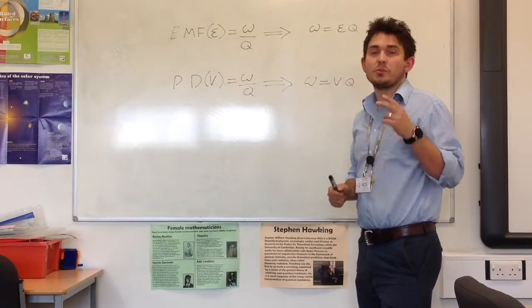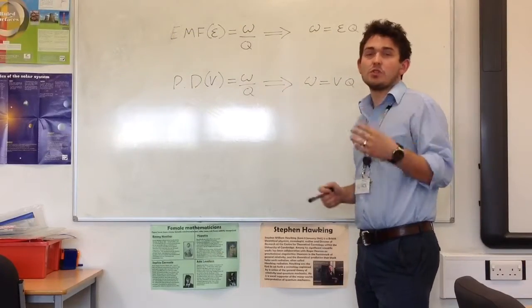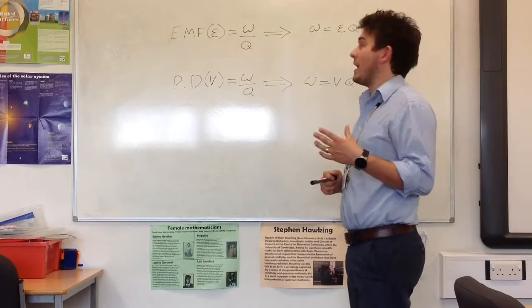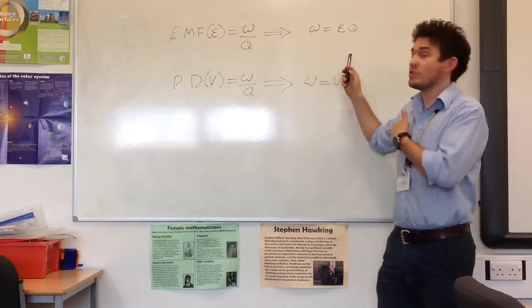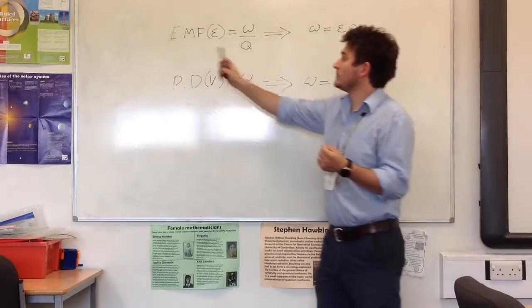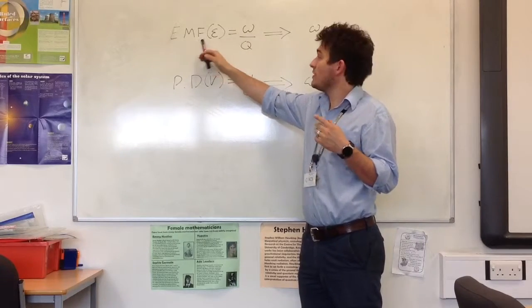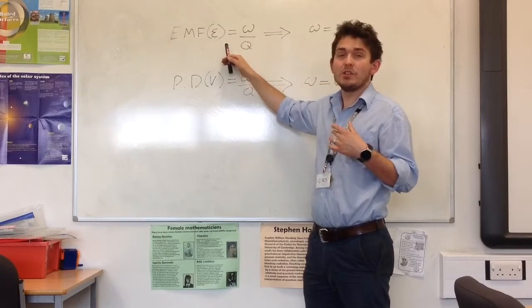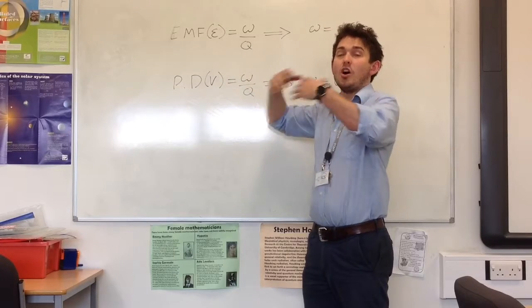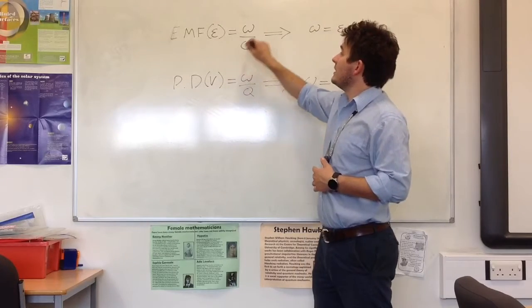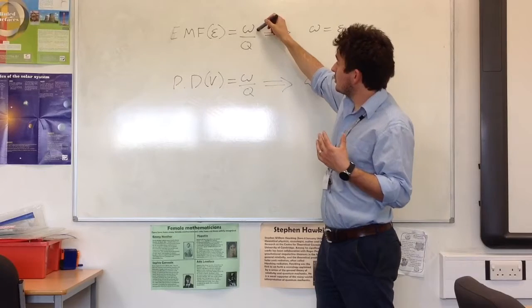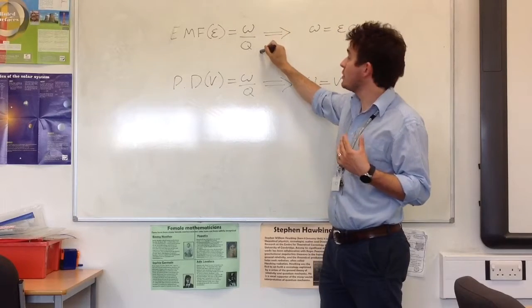From our definitions of potential difference and electromotive force, we can draw up 2 equations. And from that, we can get even more equations just by rearranging them. So, electromotive force, the work done per unit charge on charge carriers, becomes epsilon equals W over Q, energy per unit charge.